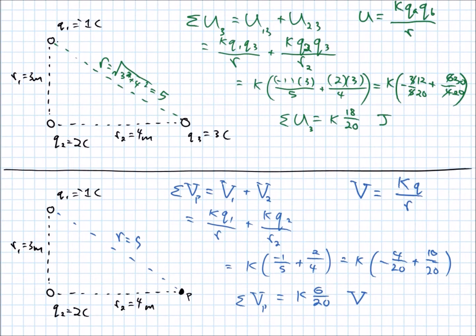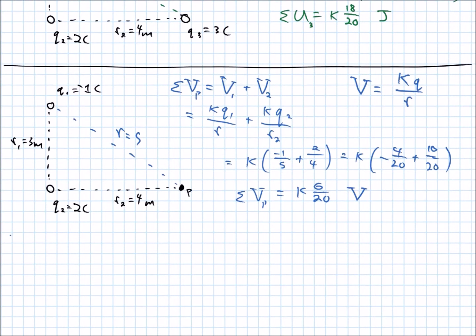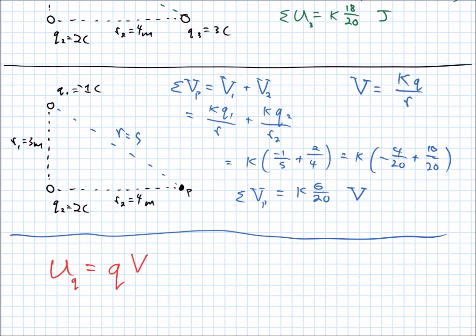So while I've got this example here, there's one more point I want to make. There is an easy association between these two. You can actually just tell by looking at their equations. The electric potential energy of a charge is equal to that charge times the electric potential that it has, or the electric potential at the point where it is.